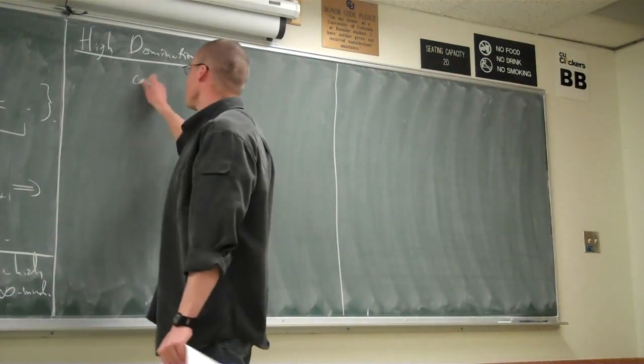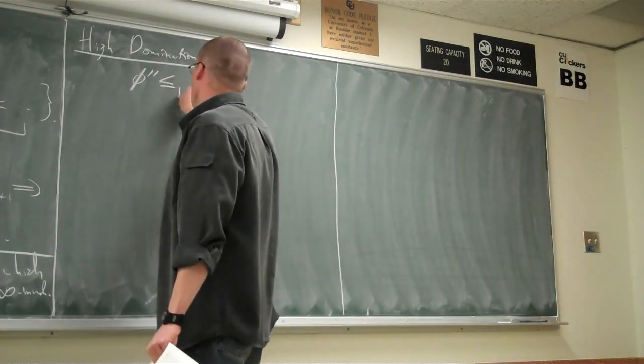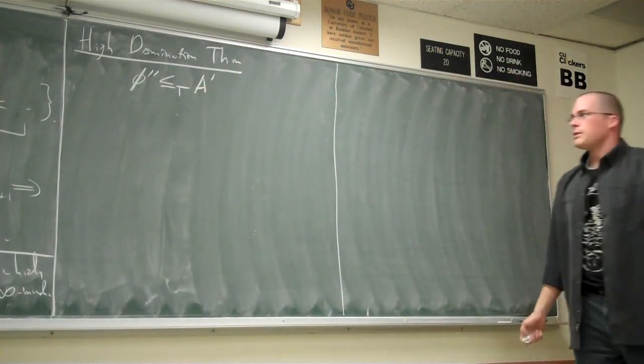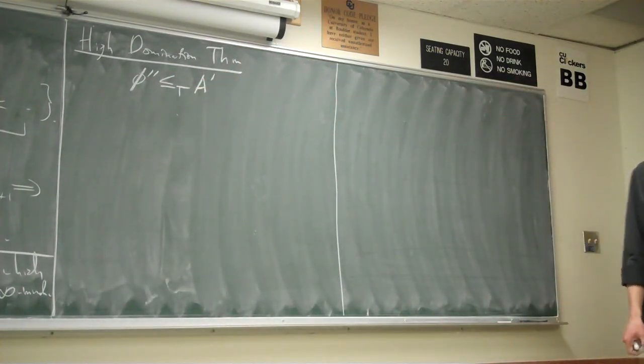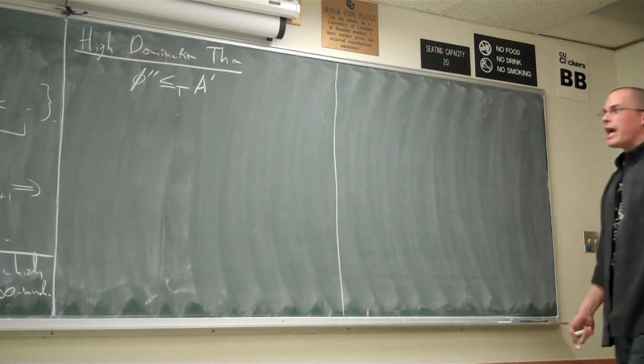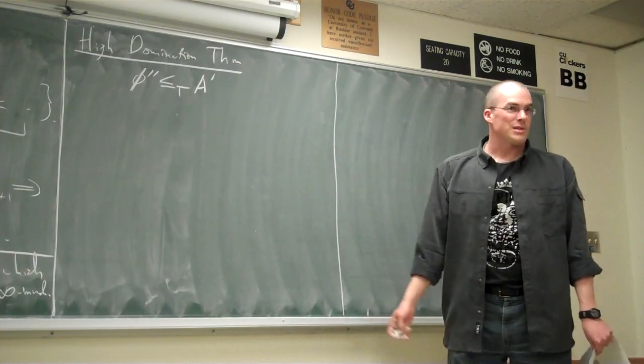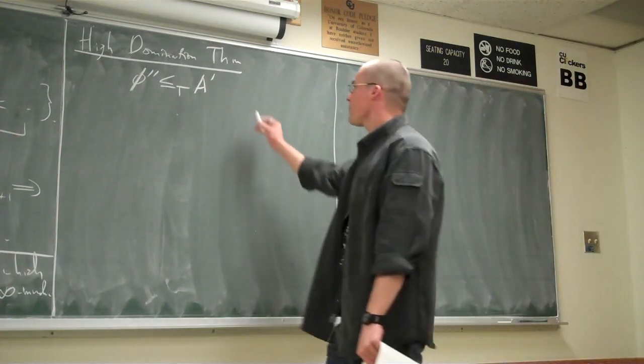It says 0 double jump Turing reduces to A jump, right? A as an oracle is as powerful as 0 jump is as an oracle.